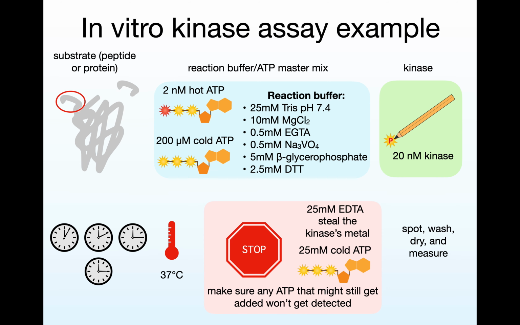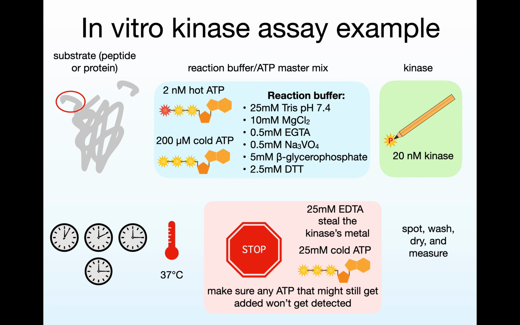So this is just an example, based on what I use for my experiments. Some of it was based on the literature, what was already known about these kinases and experiments. Some of it was based on optimizing. Whenever you start working with a new protein or a new experiment, you're often going to want to optimize for your specific one. In this case, I'm working with the whole protein, and I'll go into more detail on these individual components.